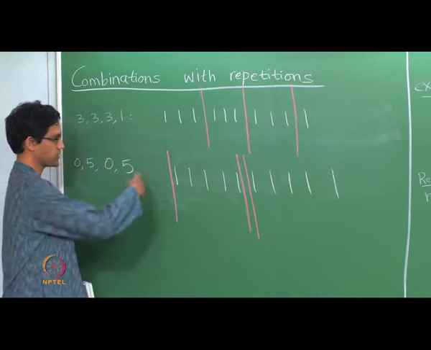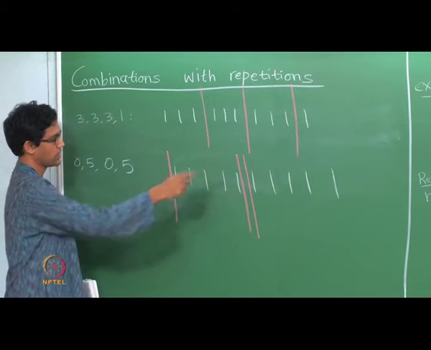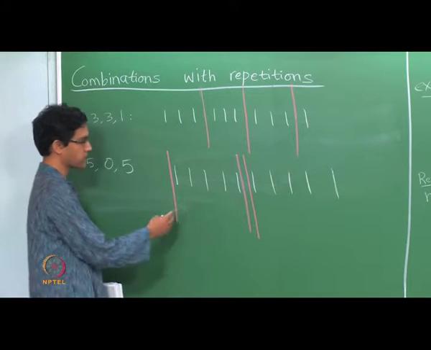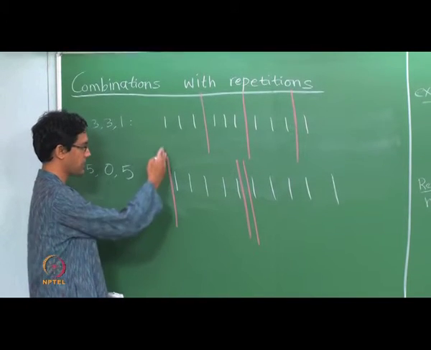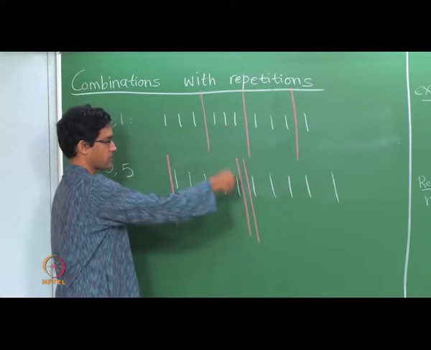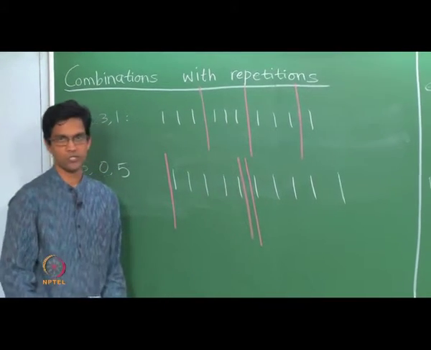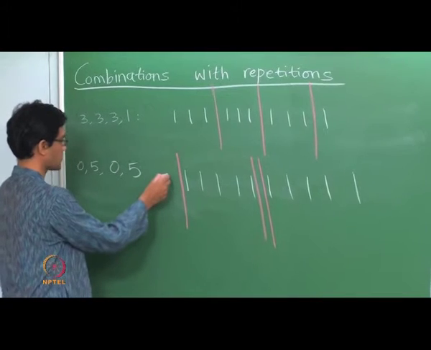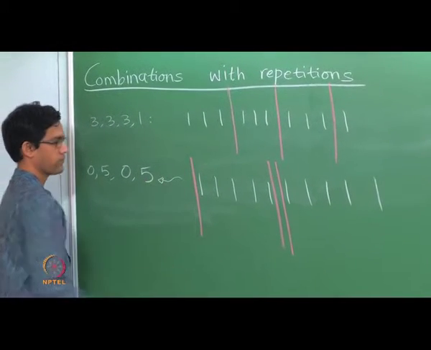So this picture now, which has these 10 ones with 3 dividers placed in these positions, the first divider right in the beginning and the second and third dividers placed between the 5th and the 6th ones, encodes the solution 0, 5, 0, 5.